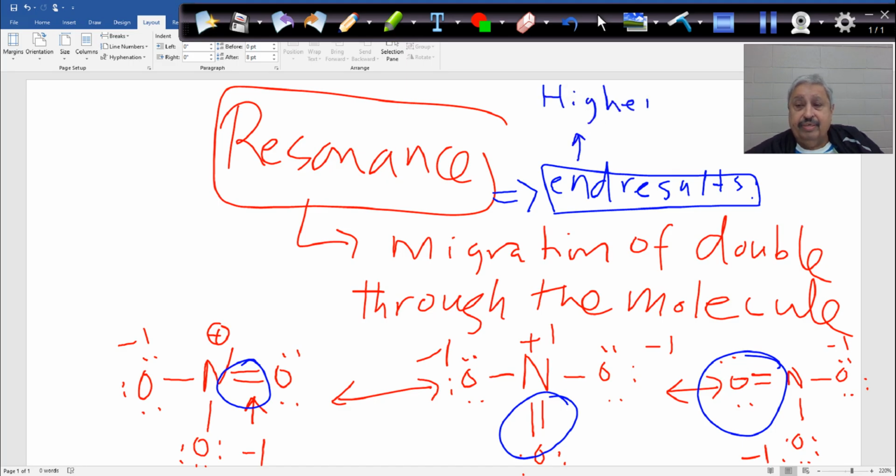Higher what? Stability. The molecule that has resonance inside will be very, very stable. You cannot take it apart. Anytime you have resonance in a molecule, the molecule is so stable.